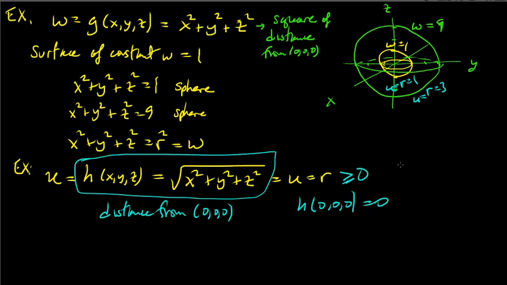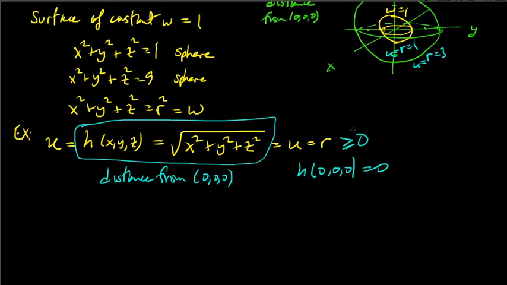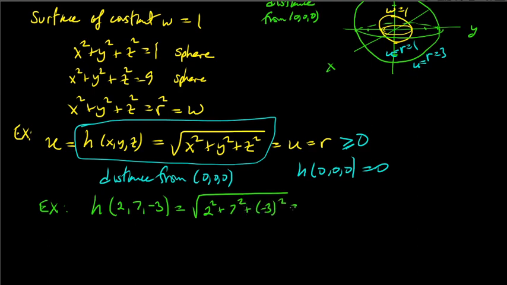Every point in space has a different value, different temperature. So, for example, if I plug in, I wanted to do a nice one, but it doesn't matter, 2, 7, and -3. If I plug that into the function h, I get the square root of 4 plus 49 plus 9, square root of 62, I think.